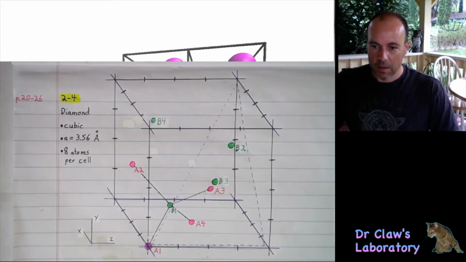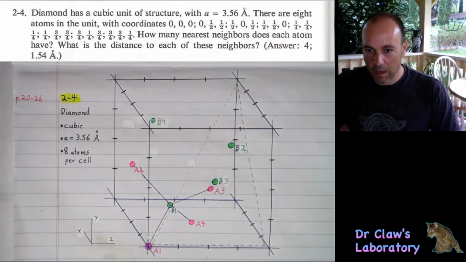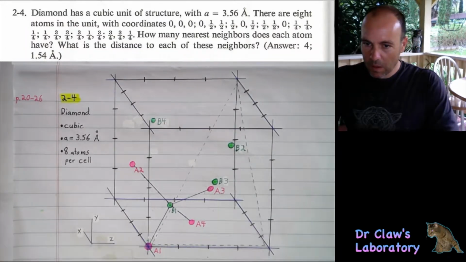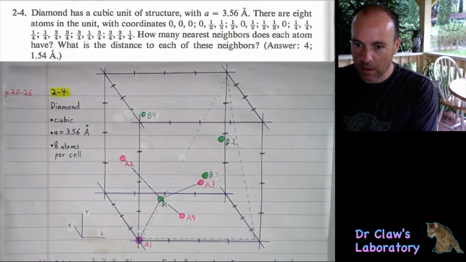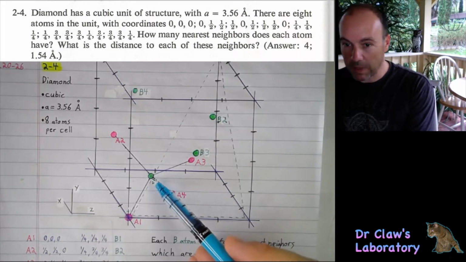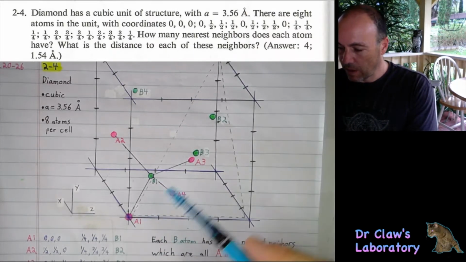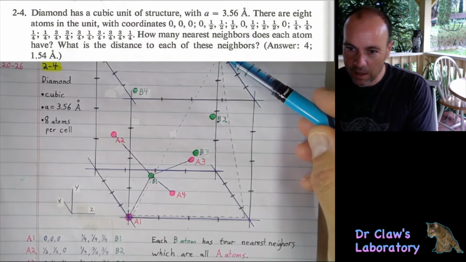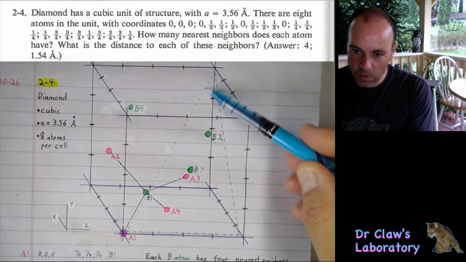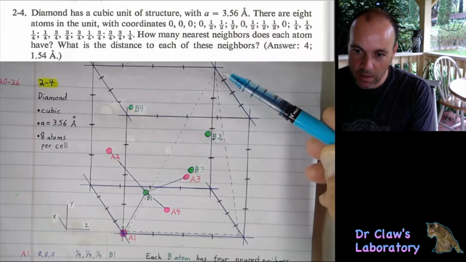All right. So here's our paper again, and okay. So the way we're gonna calculate the distance between, say, B1 and A1 is we're gonna realize that this triangle from this corner all the way down to that corner and back over here is a right triangle.